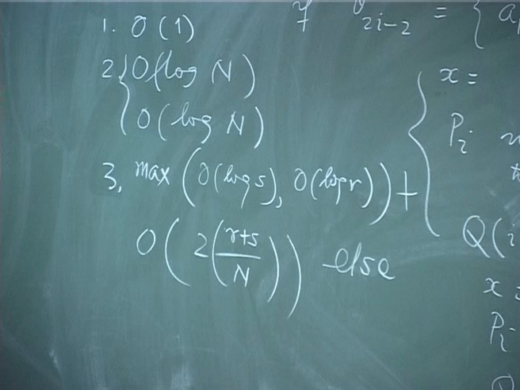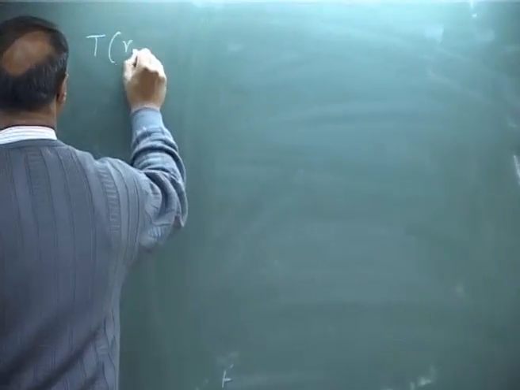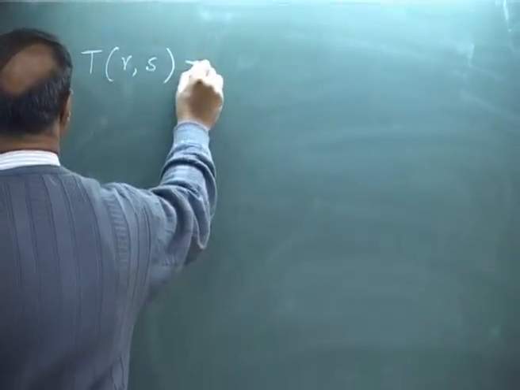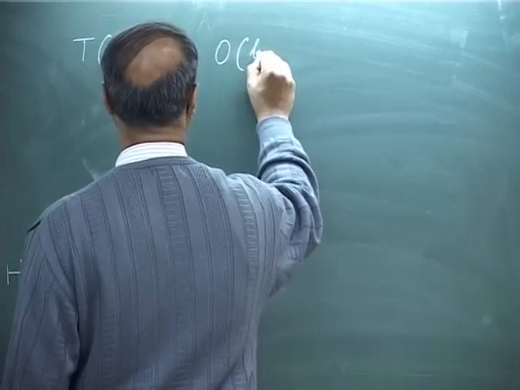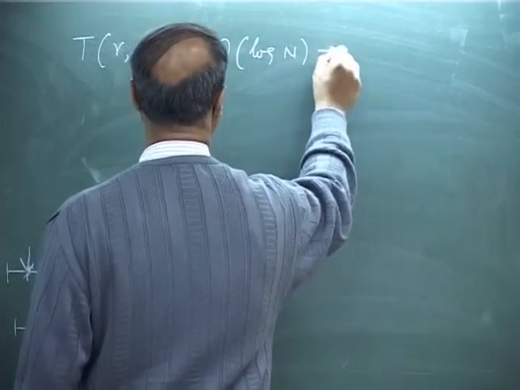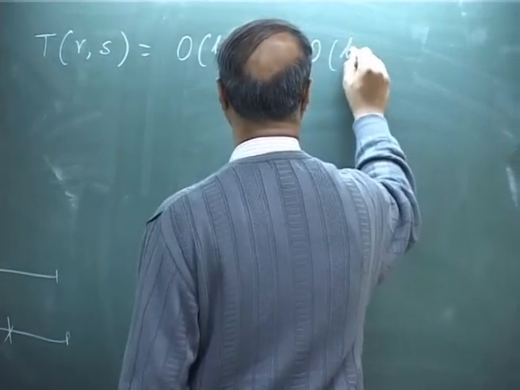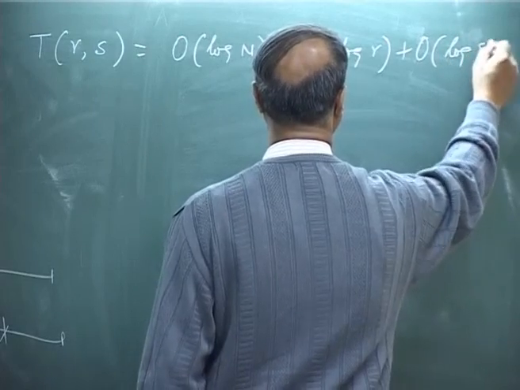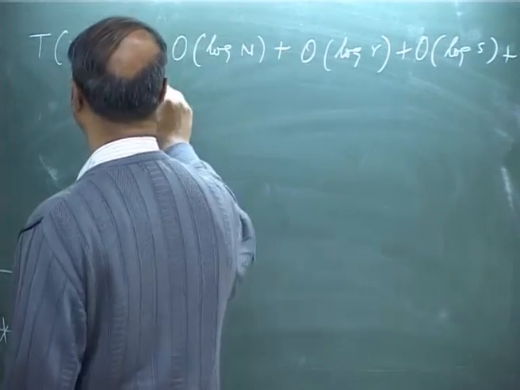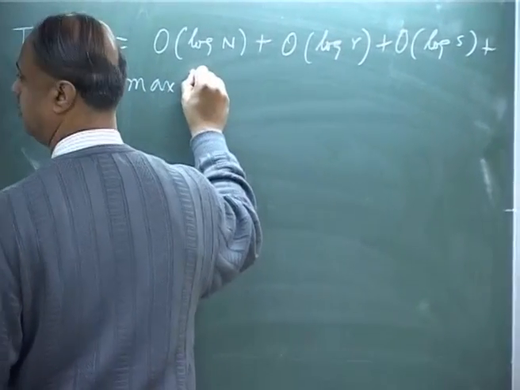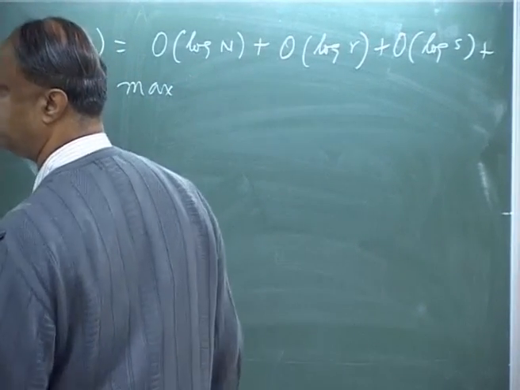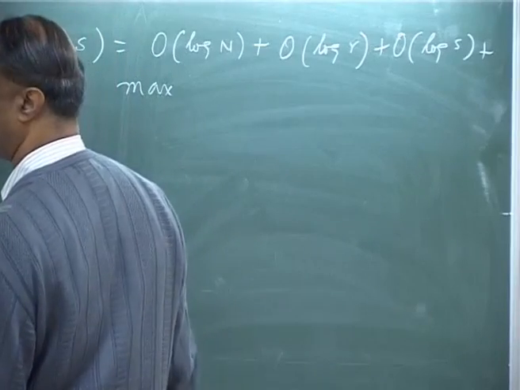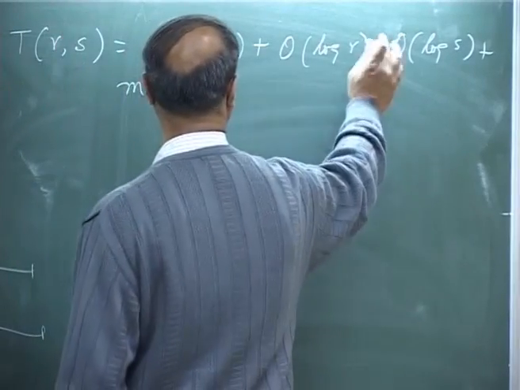If I add all these things, the time complexity T(R,S) becomes order log n plus order log R plus order log S plus the maximum of this.